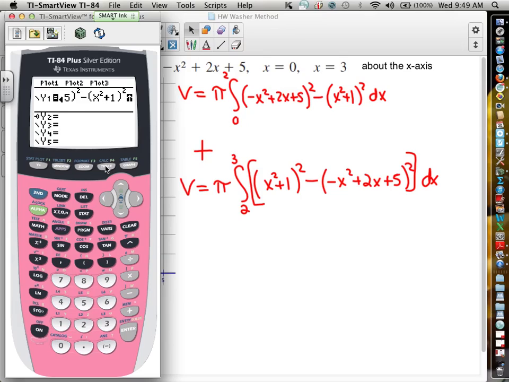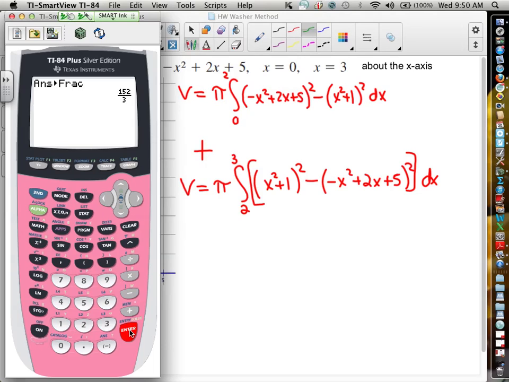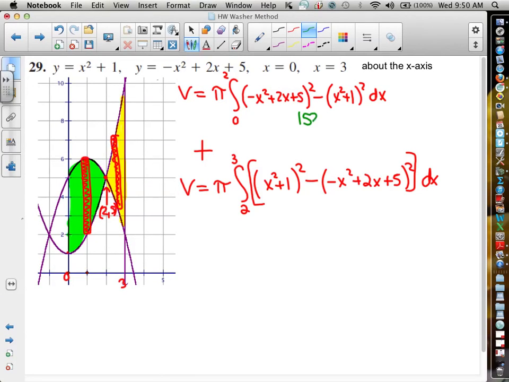Okay, and I'm integrating from 0 to 2 for this one. 0.667, let's change it to a fraction. 152 over 3. So this first part is 152 pi over 3.